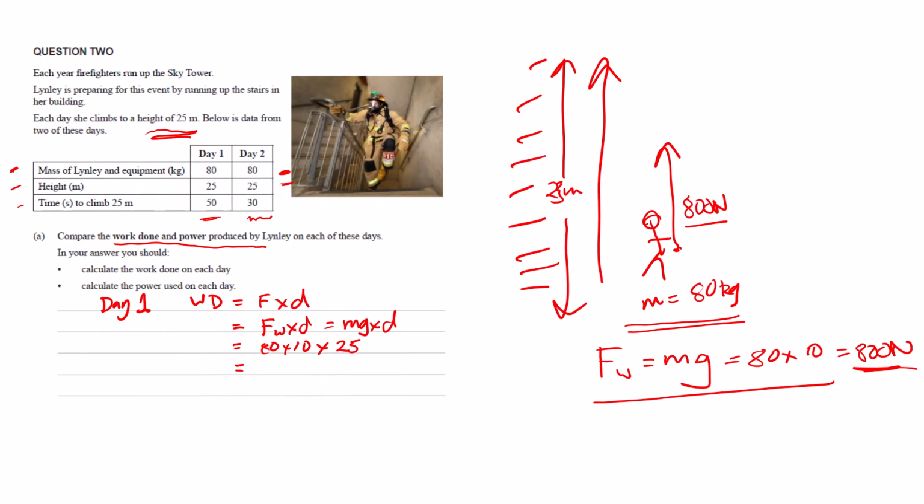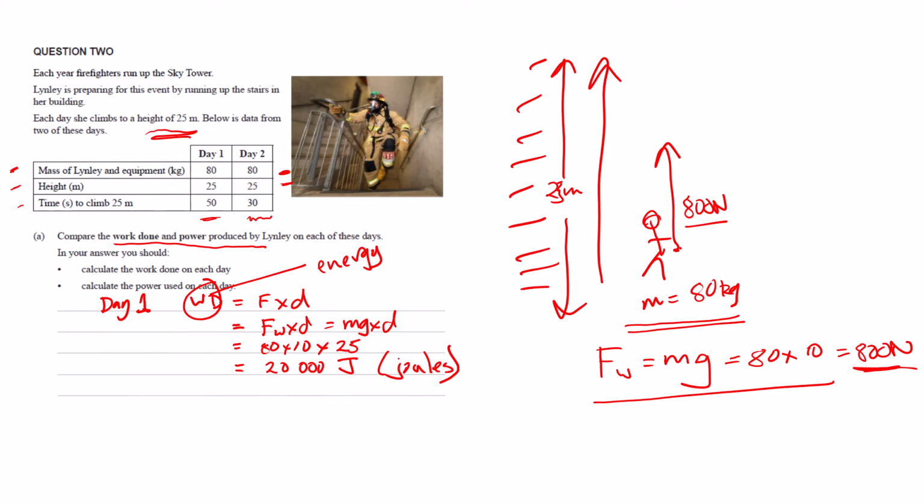So her work done each day is going to be 20,000. And because work done is energy, our unit is going to be joules. Remember, the unit for energy is joules. So that's the work done.